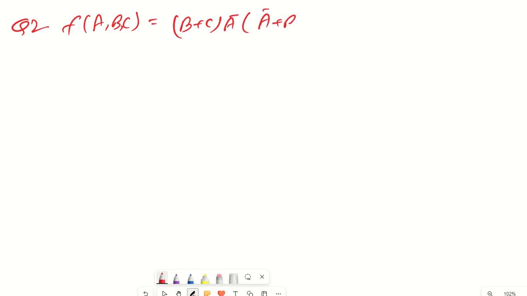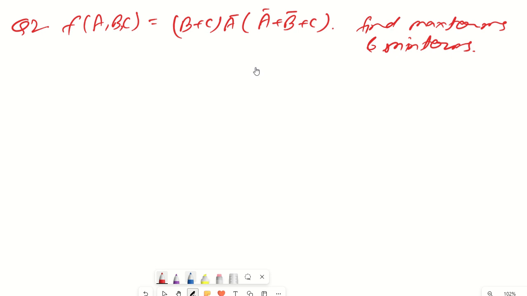So question 2 is, my function f of a, b, c is equal to (b plus c) into (a bar plus b bar plus c). We have to find out max term and min term expressions.